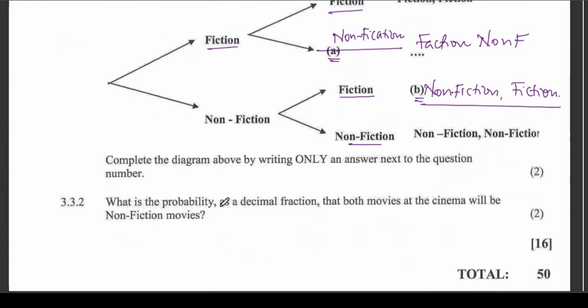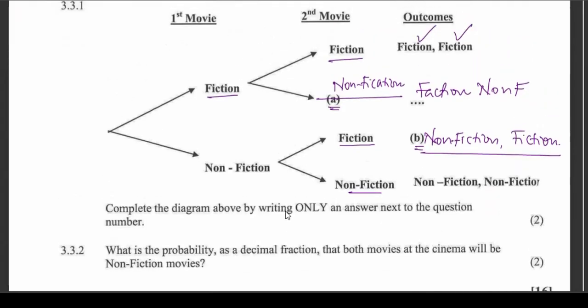What is the probability as a decimal fraction that both movies at the cinema will be non-fiction? So, non-fiction, how many times does it appear? How many chances do we have? We have 1, 2, 3, and 4. Of these 4 chances, where do we see non-fiction?